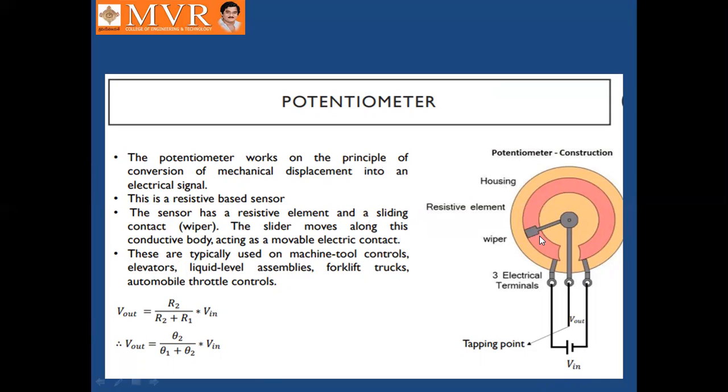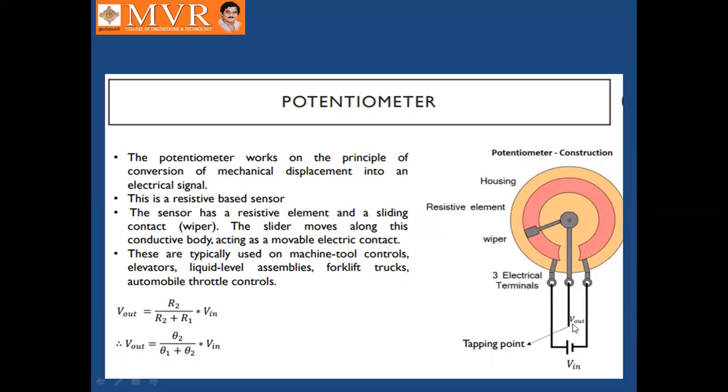In this situation, the wiper is moving from left-hand side to right-hand side or right to left, as per the adjustment of the resistive element. The voltage is applied over these two terminals, and this is the terminal which is connected to the wiper.